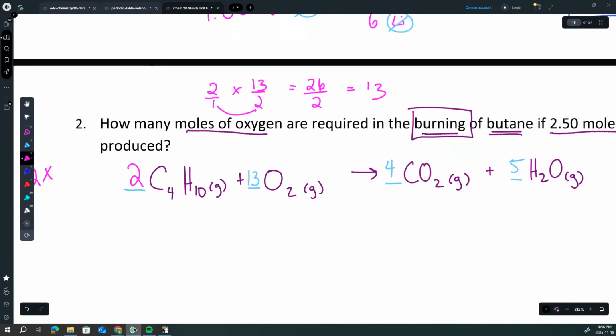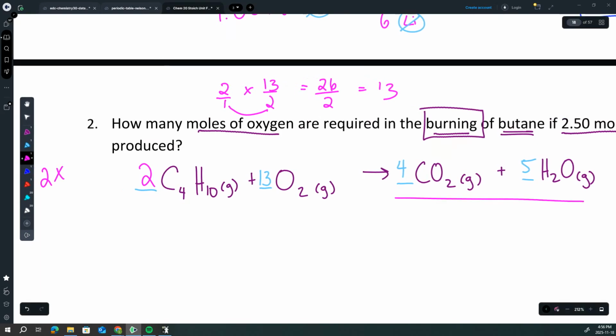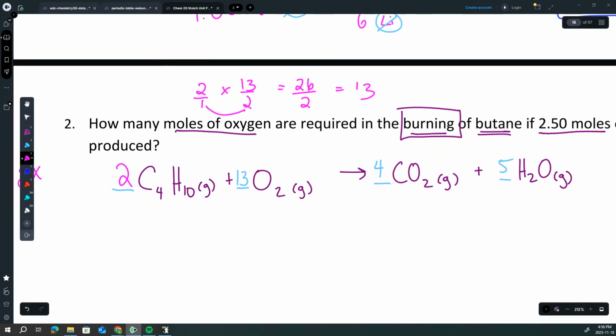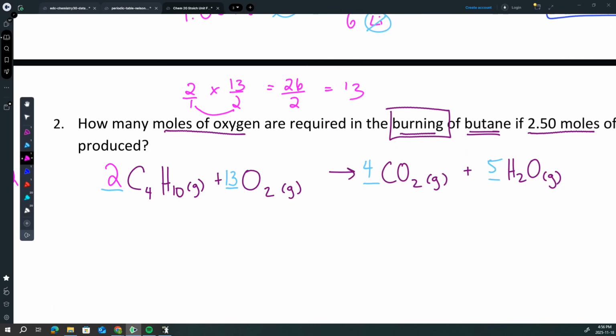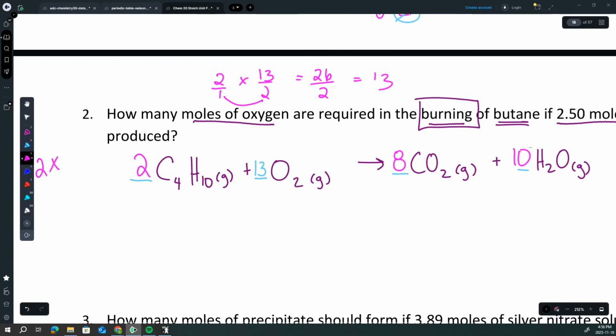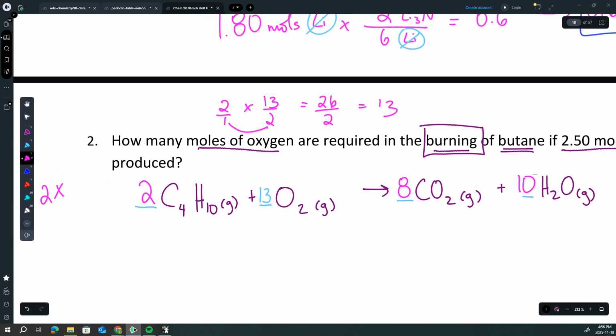Now, the key here that people often forget is they forget to keep on multiplying the products by 2 for this trick. So 2 times 4 gives us 8, and 5 times 2 gives us 10. For questions that involve a stoichiometric calculation, you want to make sure that your coefficients are whole numbers.